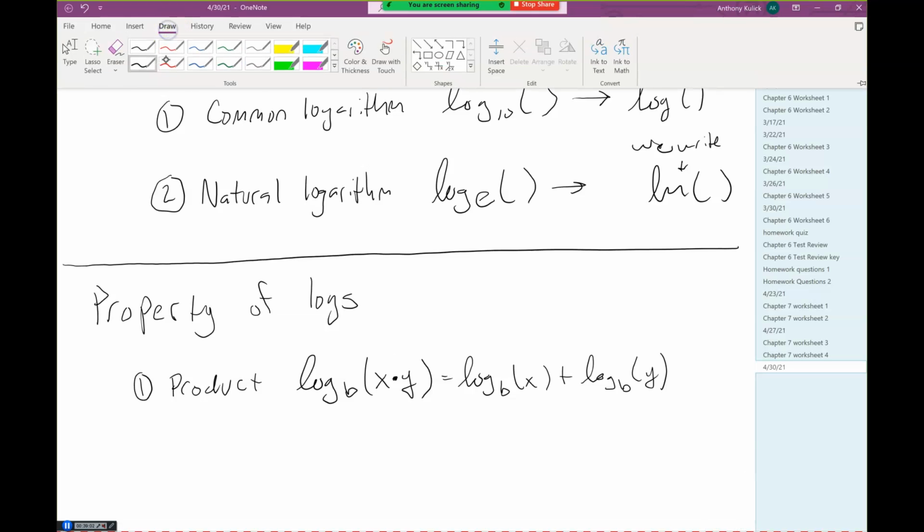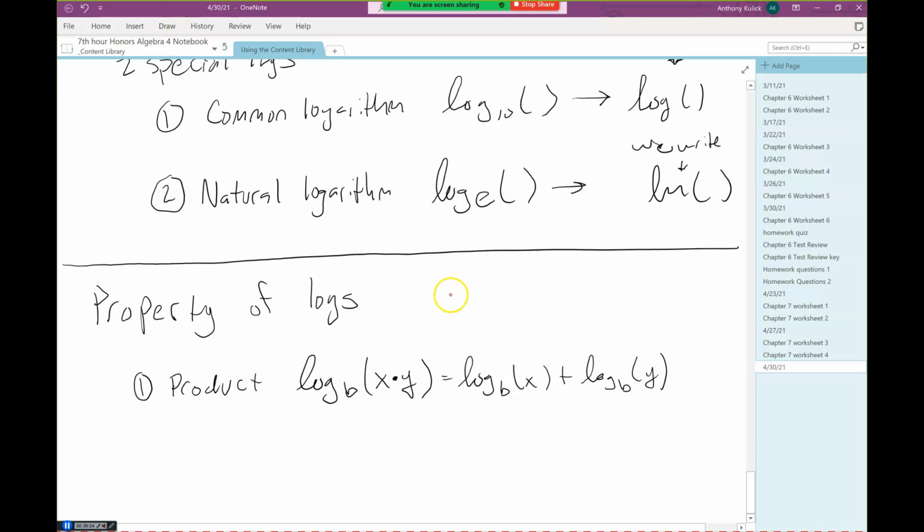Well, if you think about it for a moment, it's exactly the opposite of how we multiply exponentials, right? If you multiply, multiplication outside of the exponential turns into addition inside the exponential.